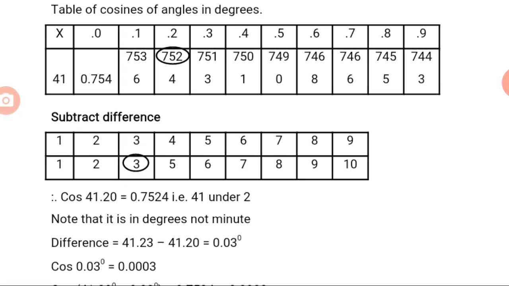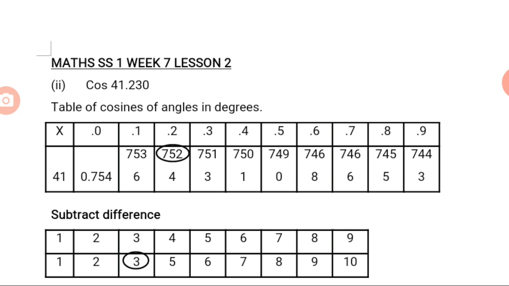But we are going to look at the closest angle to 41.23 degrees. And the closest one is what? Cos 41.20 degrees. Is that clear? 41.23 degrees is what we are asked to find.